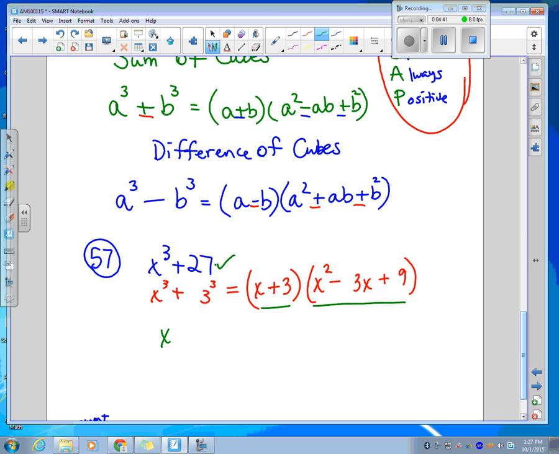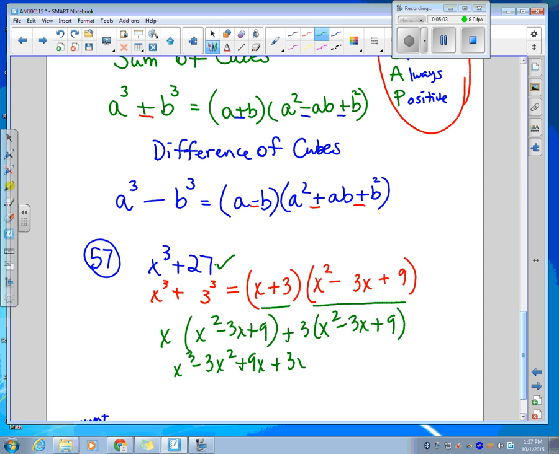So x times x squared minus 3x plus 9, plus 3 times x squared minus 3x plus 9. And I want to check to see if those middle terms cancel out. So this is x to the 3rd minus 3x squared plus 9x plus 3x squared minus 9x plus 27.